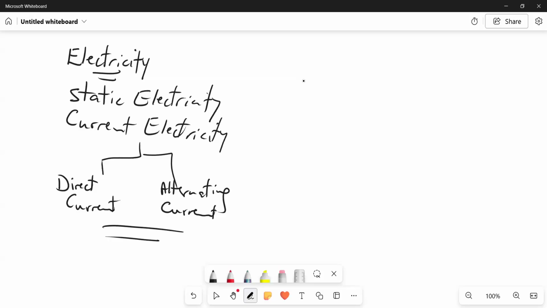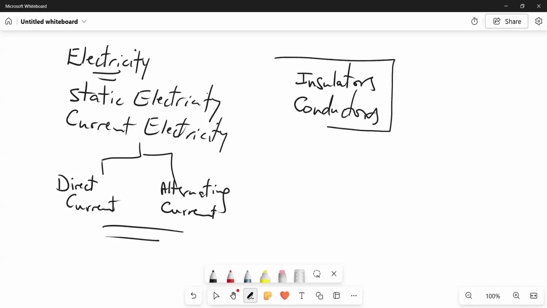So there's something called insulators, and then there's something called conductors. When you're dealing with electricity, you hear about these types of materials a lot. You'll hear about insulators and you will hear about conductors, right?